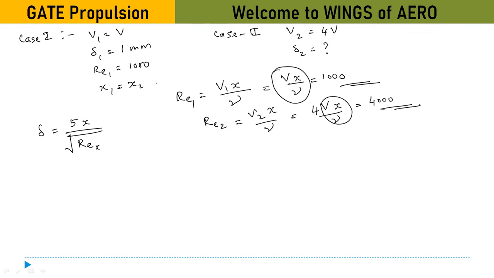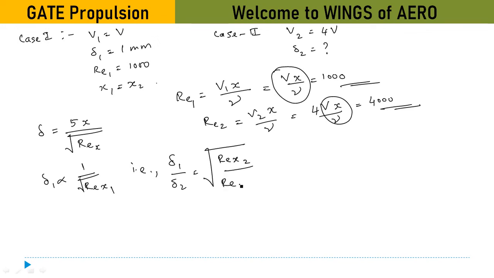Del 2 equals 1 into 10 power minus 3 by 2, so del 2 will become 0.5 into 10 power minus 3, it's in meter, right? So what is the answer we are getting? They have given in terms of mm, so del 2 is 0.5 mm.